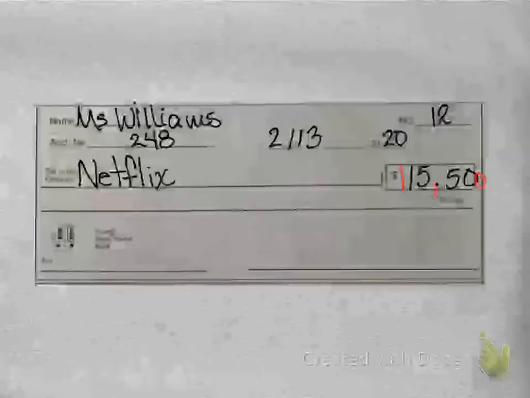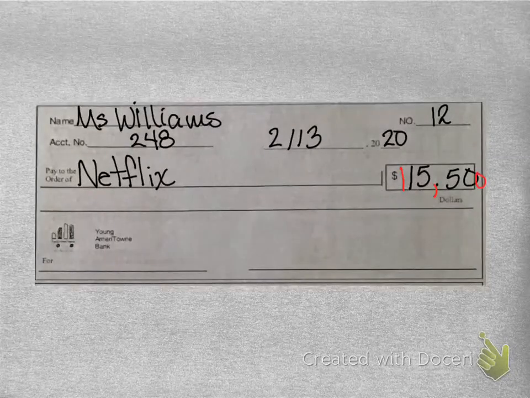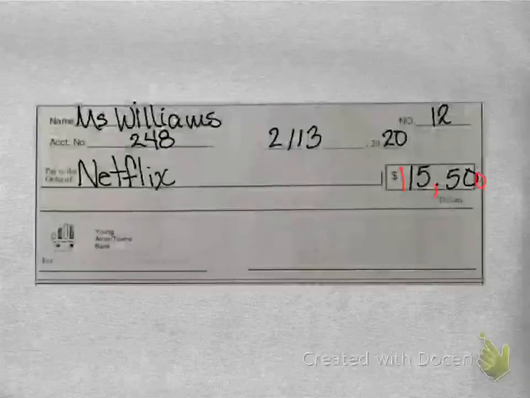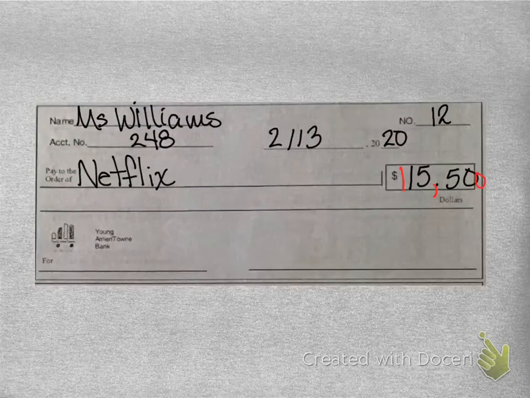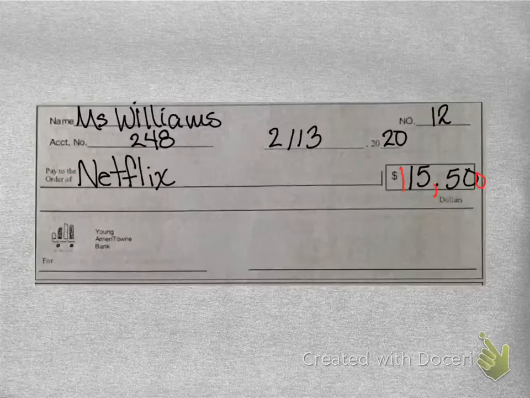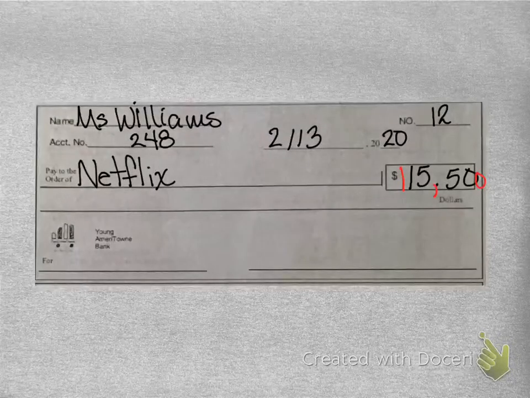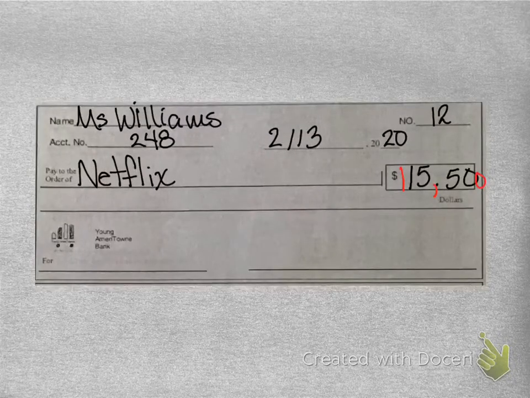So now they've changed my check, my promise. So when the bank gets it, the bank is going to think that I want the bank to take $115,500 out of my account and give it to Netflix. That's not what I want the bank to do, but because I left a little bit of extra room, it lets someone sneak in there and add some extra numbers that I didn't want to have on there.